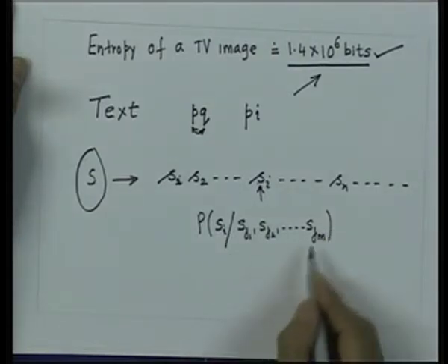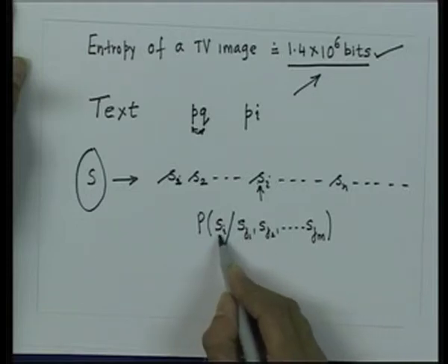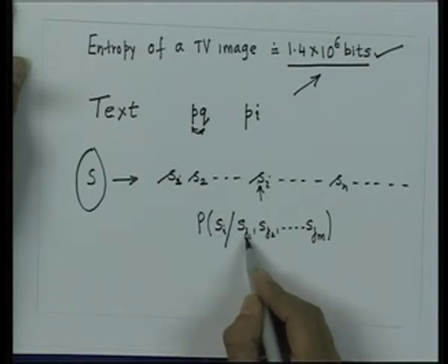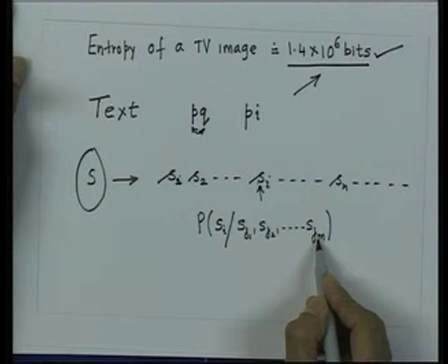In this case, I assume that the occurrence of Si is dependent upon the previous m symbols.